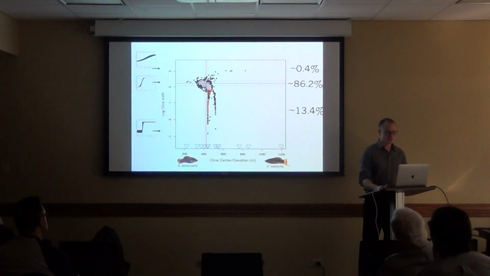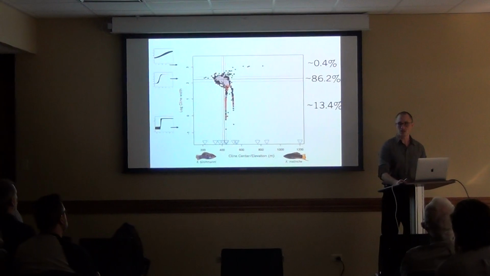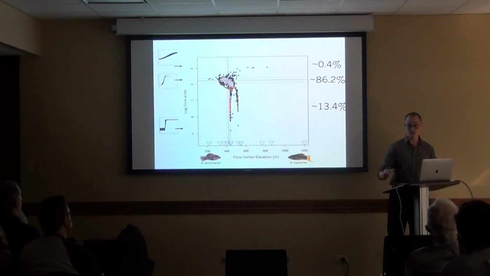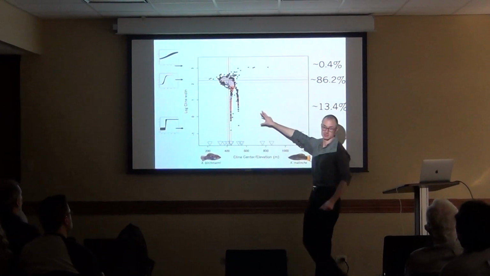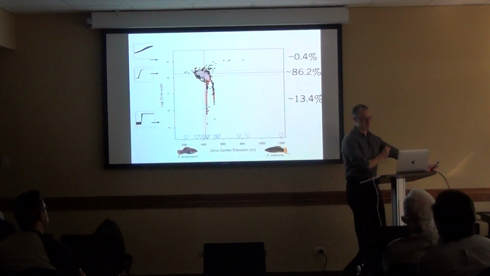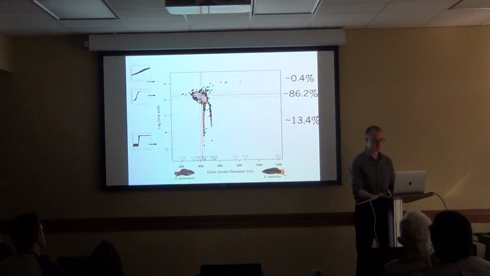All right, so I'm showing you that indeed there's a lot of selection acting against them that is reducing the introgression of all these hybrid genes.